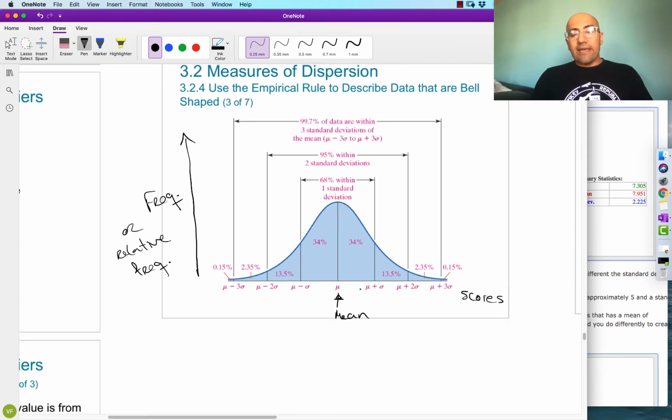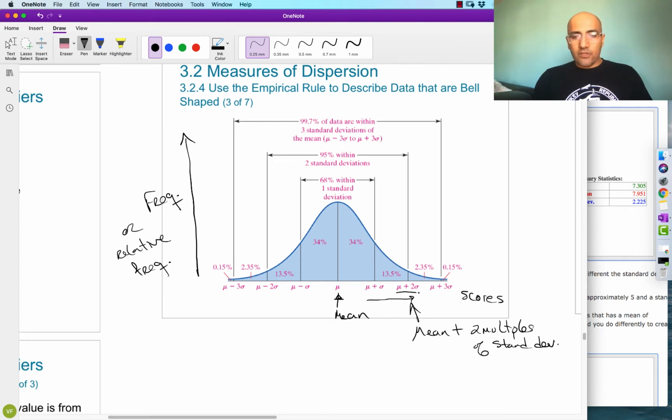What we should be getting out of this is that the farther away you are from the mean, the more multiples of the standard deviation away from the mean that you are, the more unusual those scores are. So finding a score that is the mean plus 2 multiples of the standard deviation.